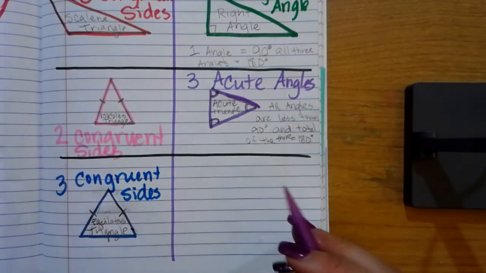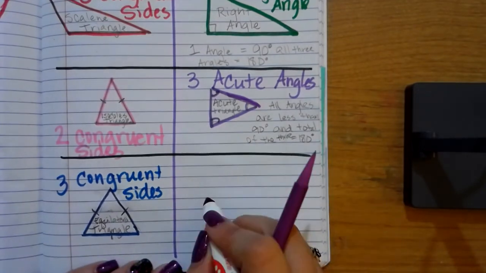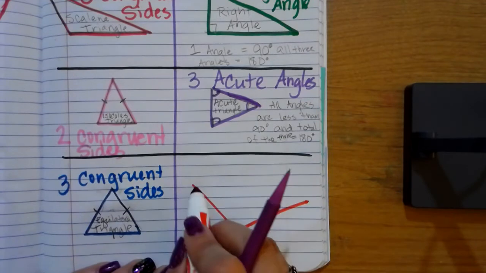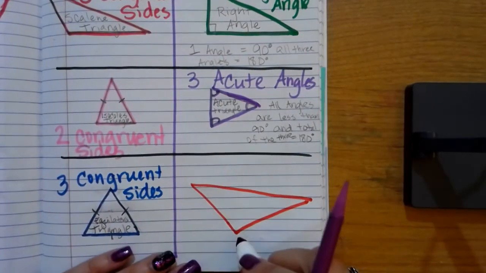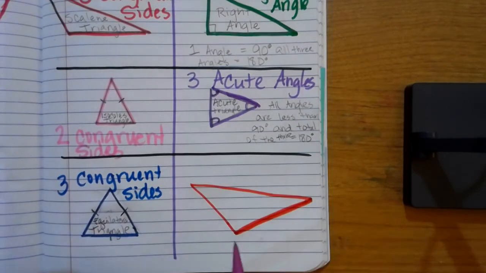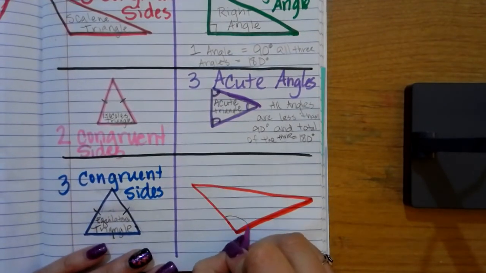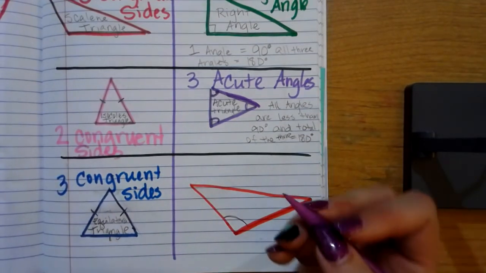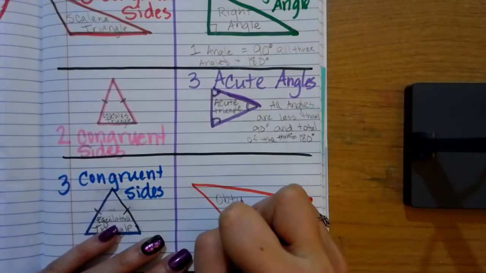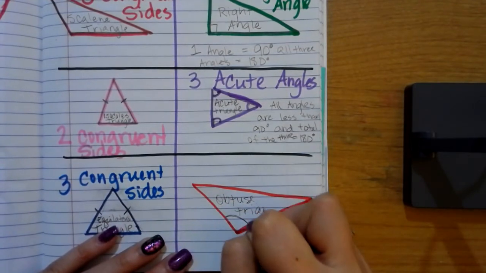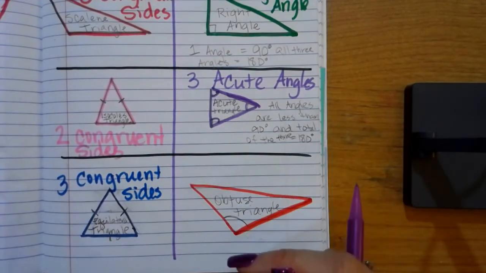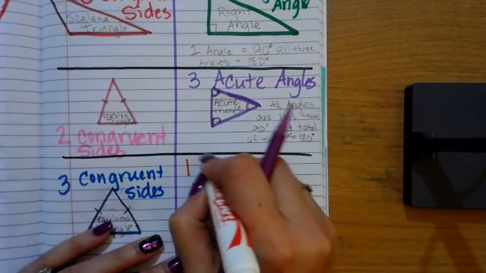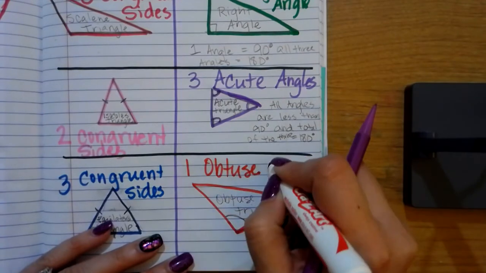Last thing you can be, okay, this is kind of a big angle, isn't it? We know that it's bigger than an L. Well, should have made it a little bit bigger, but it's bigger than an L. We're going to call this an obtuse triangle. Okay, and an obtuse triangle can only have one obtuse angle.